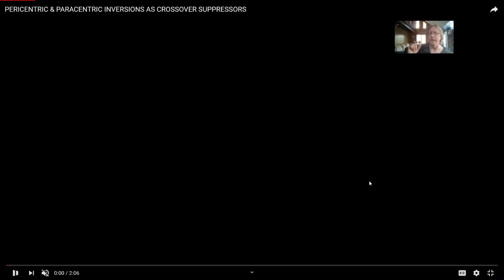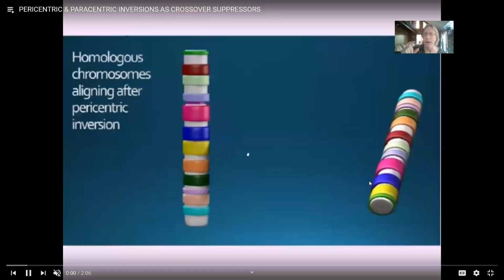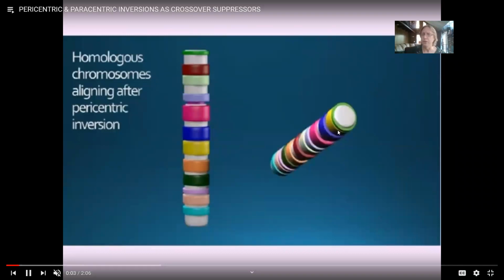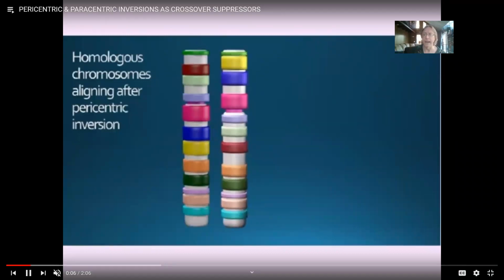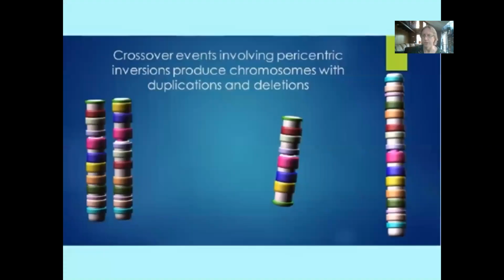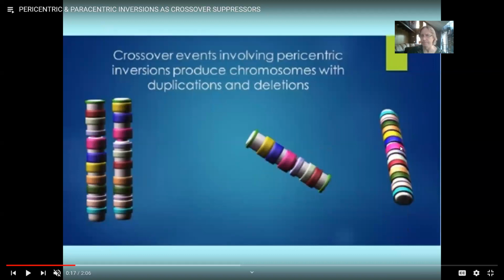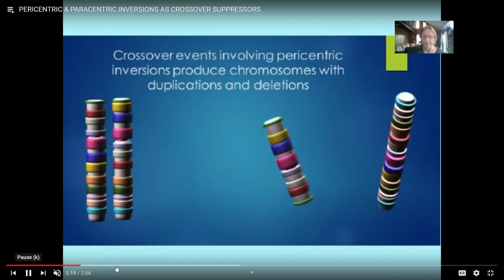So if the inversion is specifically a pericentric inversion, the chromosomes produced after crossing over are deletion chromosomes and duplication chromosomes, which once again could affect gene dosage. So both of these daughter chromosomes have a centromere, but notice one has too few genes, one has too many genes, which could affect gene dosage and have effects.